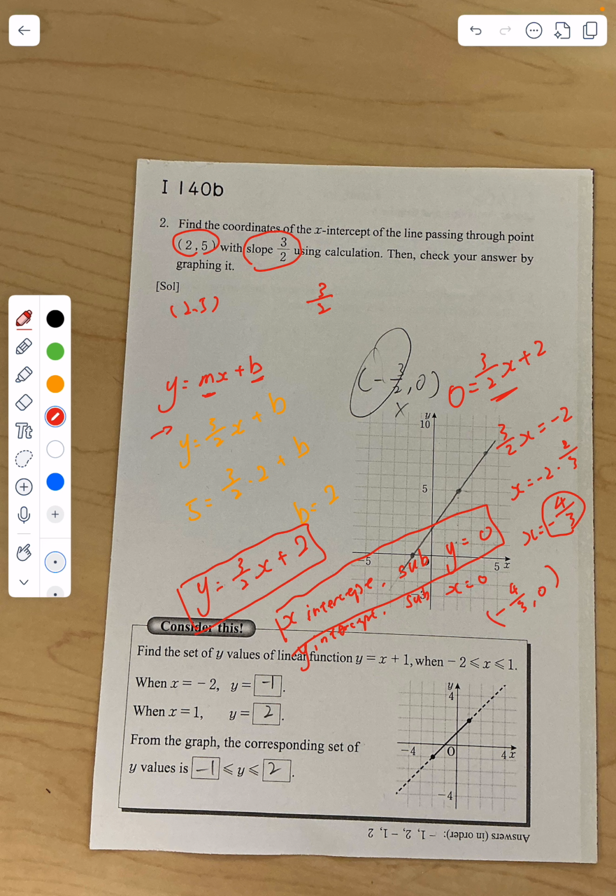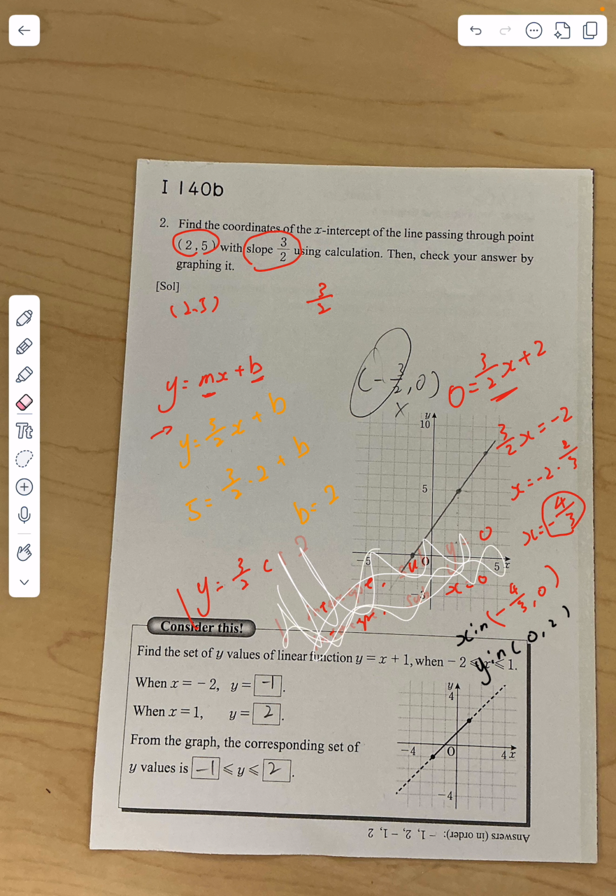If I were to draw this graph one more time, I will first find my x-intercept, and I will have my y-intercept. What's my y-intercept again? (0, 2).